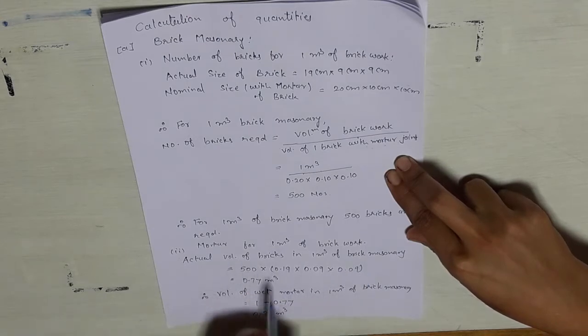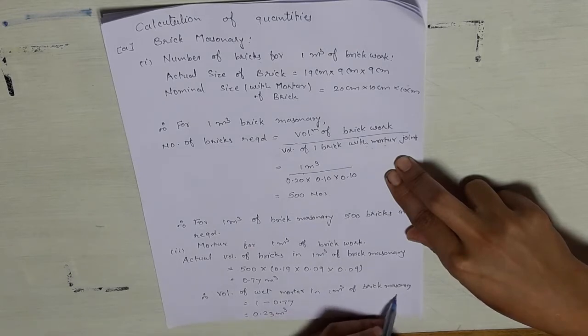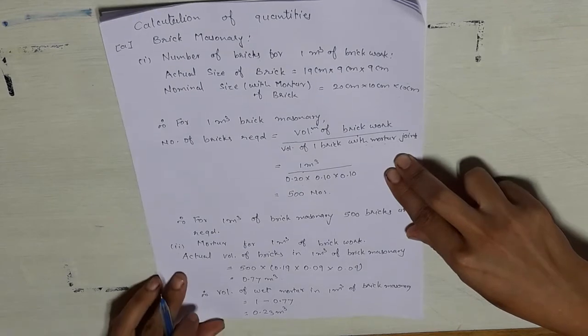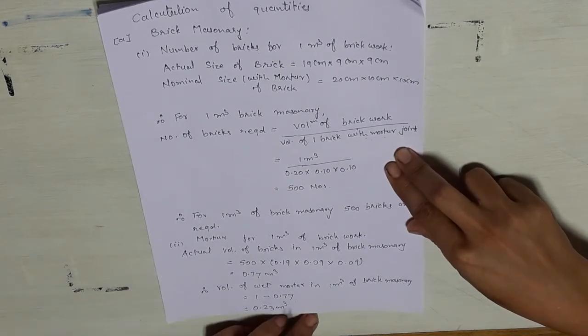So we get the actual volume of the bricks equal to 0.77 meter cube. Therefore, the volume of wet mortar in 1 meter cube of brick masonry is 1 minus 0.77, that is equal to 0.23 meter cube.